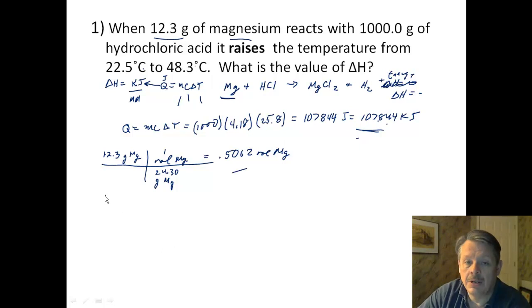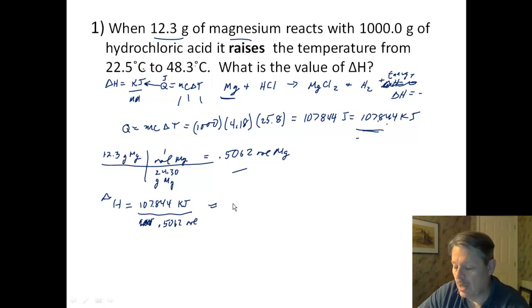So my delta H is going to be however many kilojoules of energy I raised. My delta H is going to be 107.844 kilojoules of energy, and I got that from 0.5062 moles of magnesium.